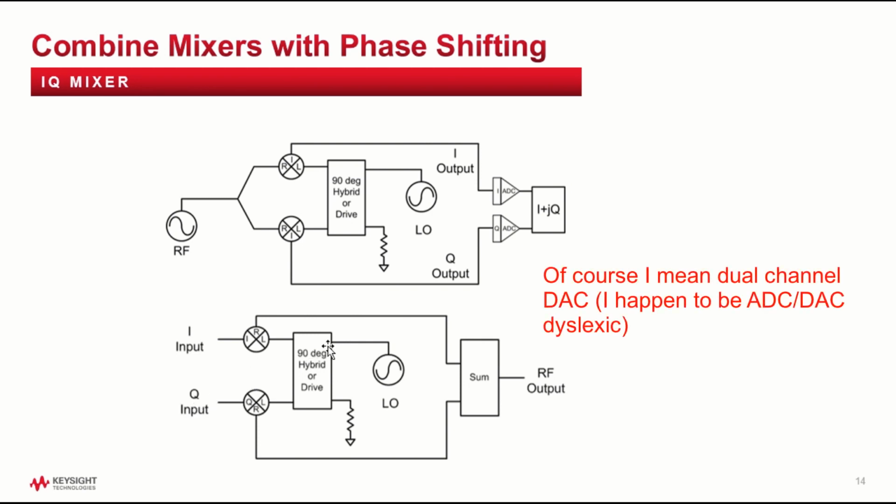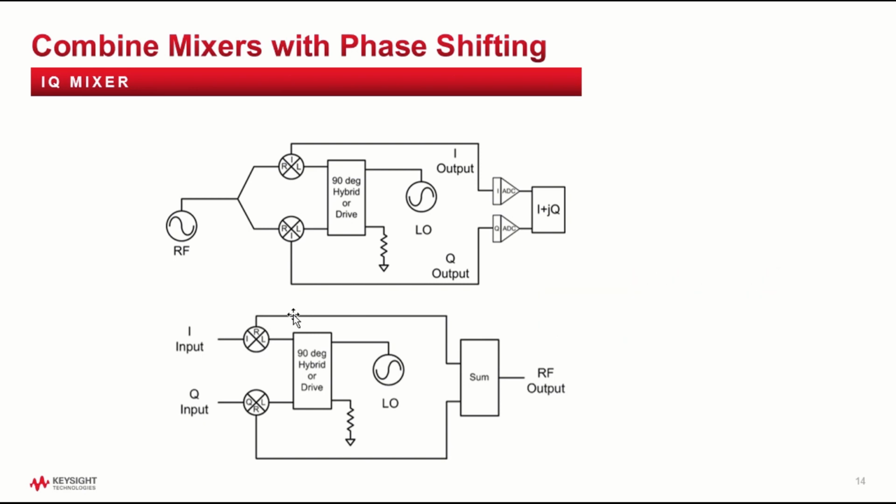You put them in, we have the 90-degree hybrid here. So this is shifted 0 degrees relative to the LO. This is shifted 90 degrees relative to the LO. Then we sum the two outputs at the RF output stage, and that becomes an up converter signal. And depending on the phase shift, we can either get an up converter with low side up conversion or up converter with high side up conversion, and we'll still have image rejection.